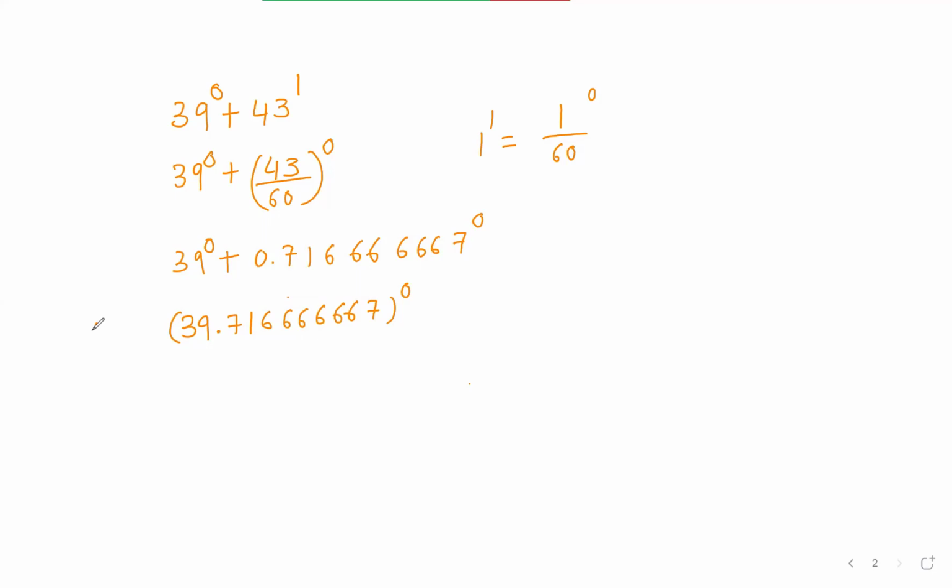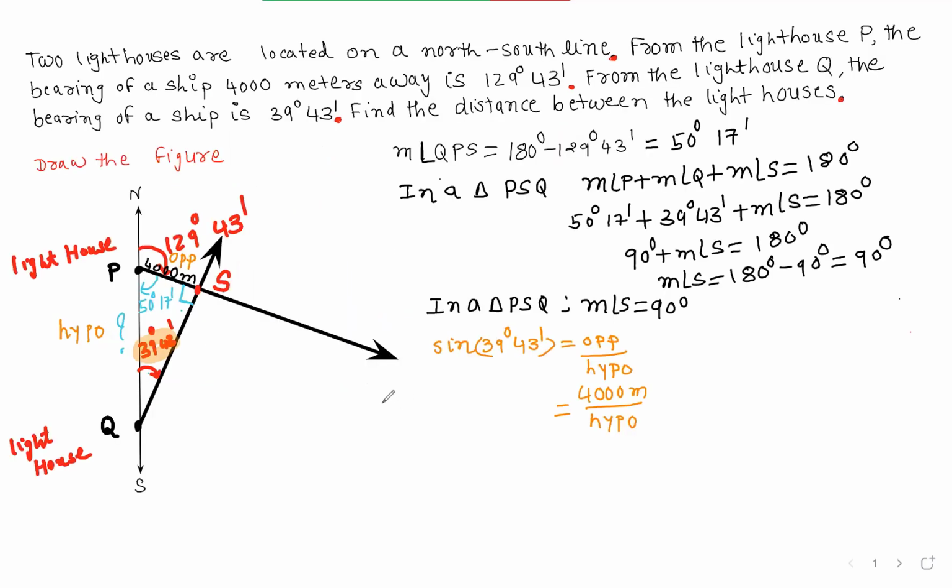So when we find sine of 39.716666667 degrees, our answer will be 0.6389915998. So let's plug that value into our formula. So we get 0.6389915998. Make sure to place 1 underneath to see that fraction. Now to find the hypotenuse, we will cross multiply.